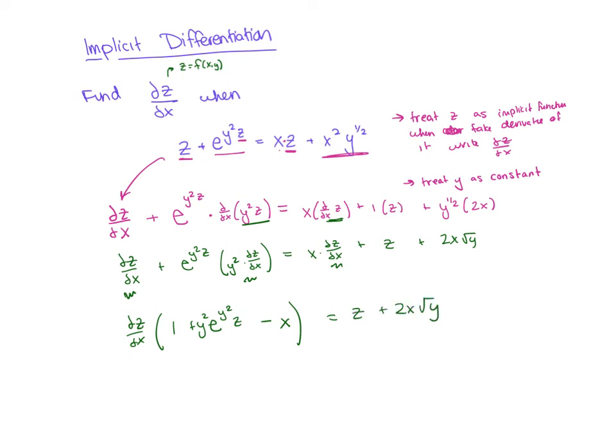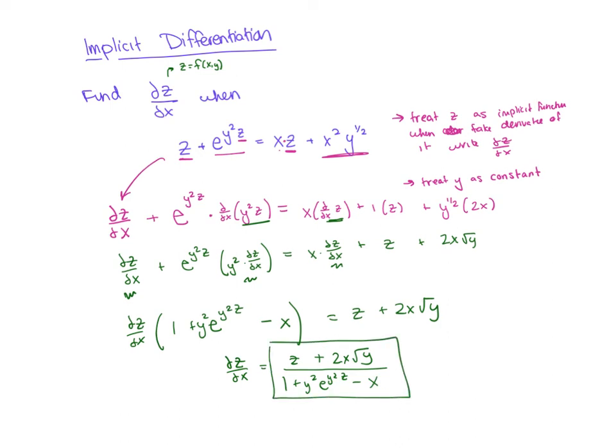And then I can just divide both sides by that function that's multiplied by the dz dx. So I get z plus 2x root y over 1 plus y squared e to the y squared z. That z there should be upstairs in the exponent, minus that x. So it's a really ugly expression, right? But we're able to use implicit differentiation to help us find that.